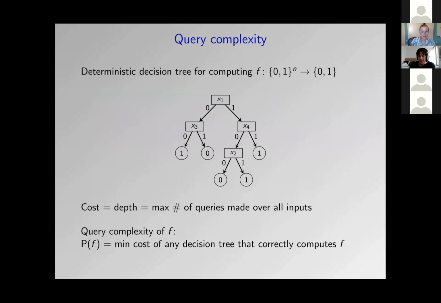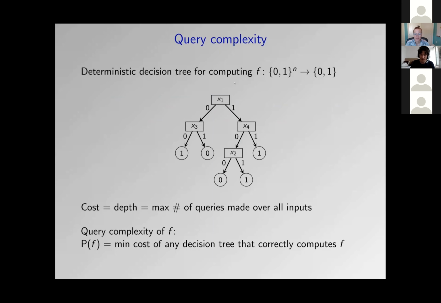So this work concerns query complexity or decision tree complexity. I hope people have seen decision trees before. They're maybe one of the oldest and simplest models of computation. They look something like this. They are a way to compute a Boolean function on an unknown input. So you start querying individual bits of the input.